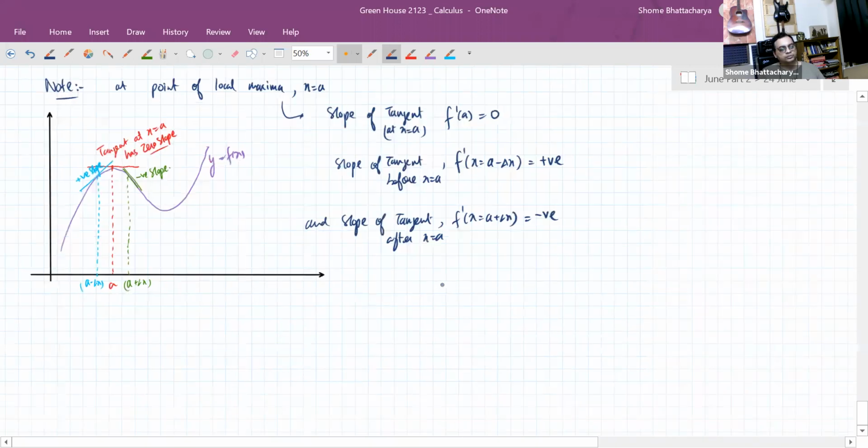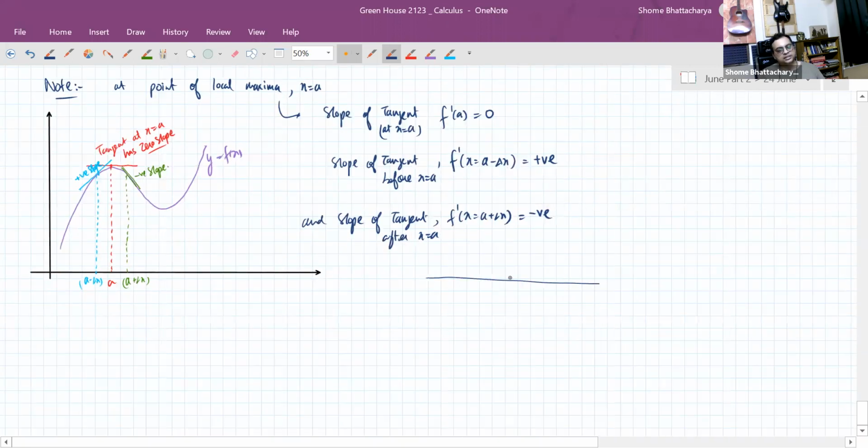So you can see how the behavior of the slope of the tangent is changing at x equal to A. The derivative here is positive, the derivative here is negative, but precisely at this point, the derivative is 0.